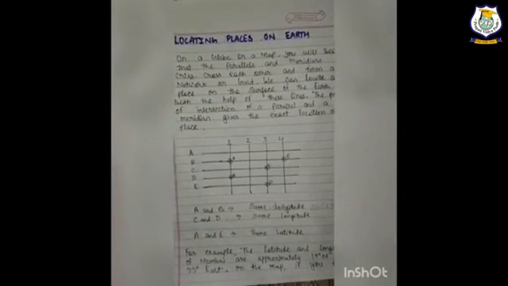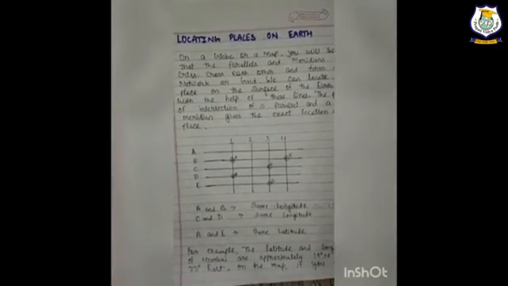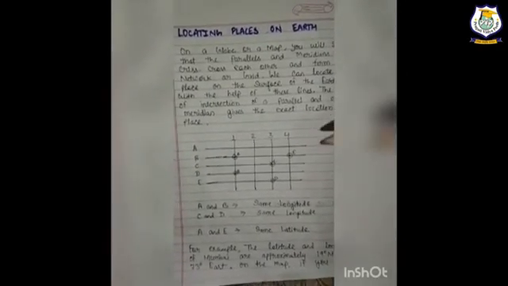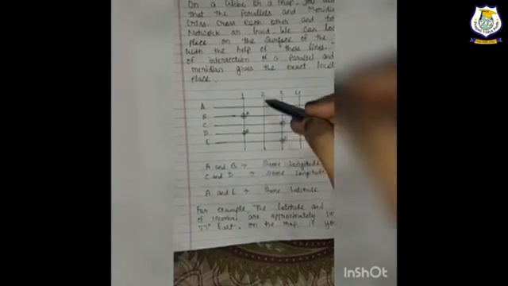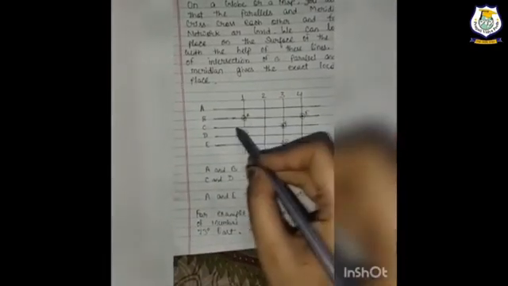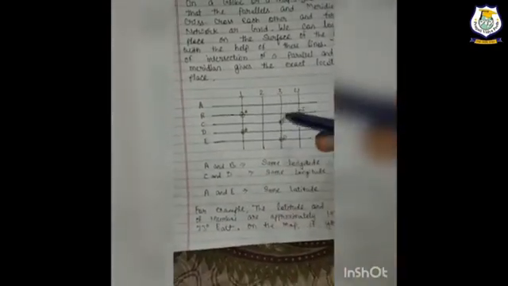If I want a very simple explanation, I have some points on this diagram. Let's understand with the help of the diagram. Here we have 2 points, point A and point B. First you have to understand that these are the longitudes and these are the latitudes or the parallels. These are the meridians of longitude.